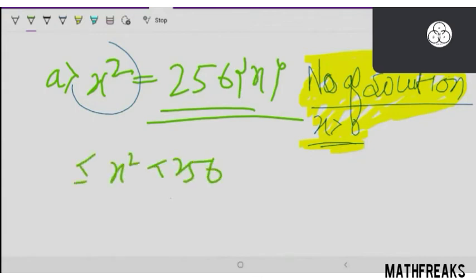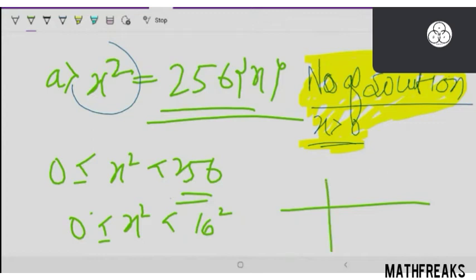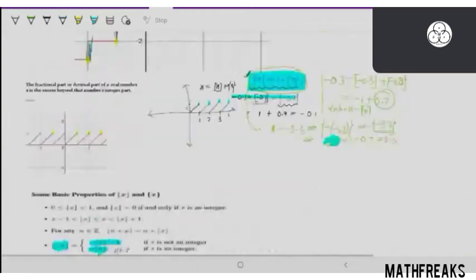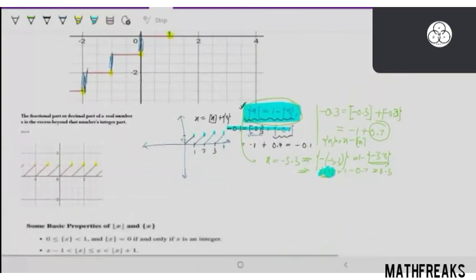already deduced is this. This is what? 16 square, right? So, what are the possibilities? How does the graph of this function look? Let me draw the graph for a crystal clear understanding.